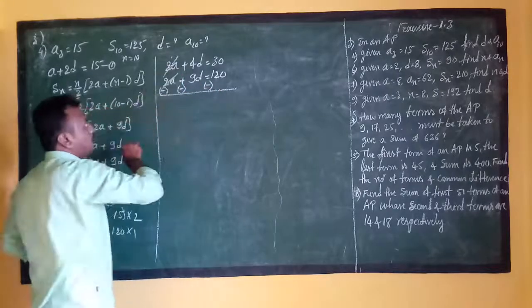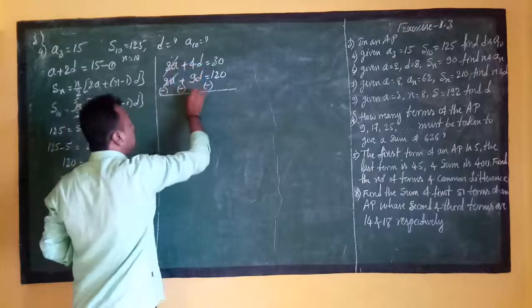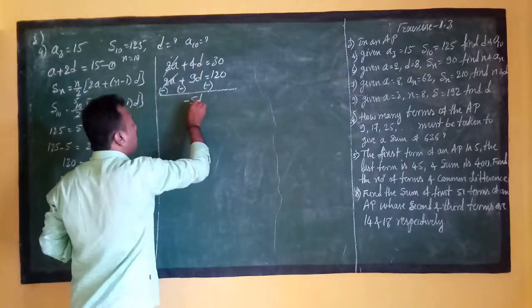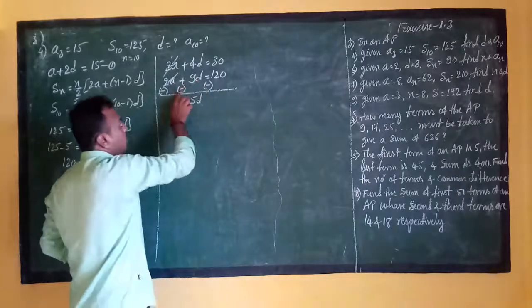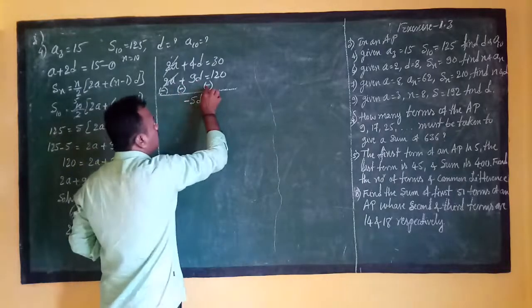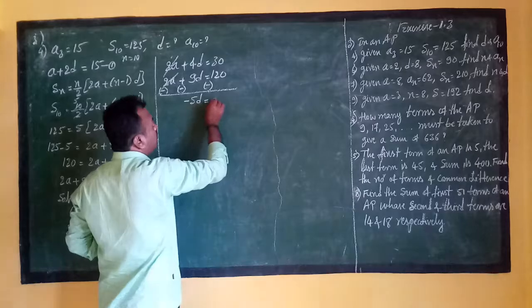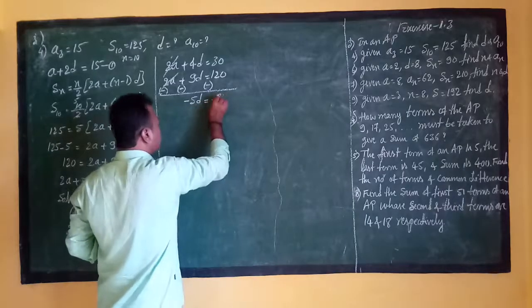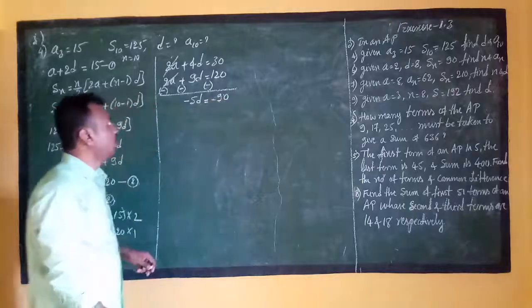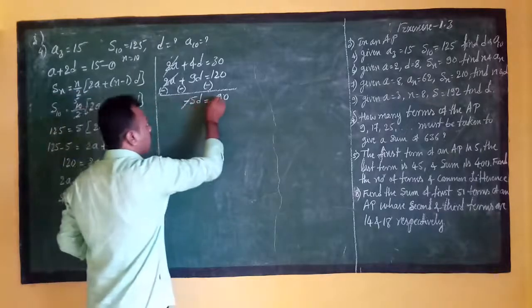So 2a gets cancelled. 4d minus 9d is minus 5d. 9 minus 4 is 5d, a negative number since the bigger number is negative. It is equal to 30 minus 120, so minus 90. Then minus minus gets cancelled.